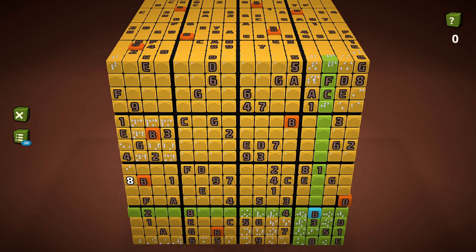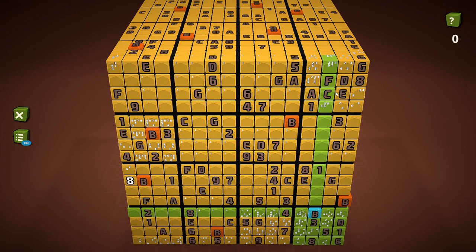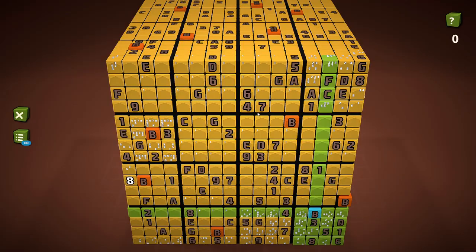So I think this is the orientation that this square was first in when I first started putting things into it. Maybe. And so this is the orientation that it saved. Anyway.